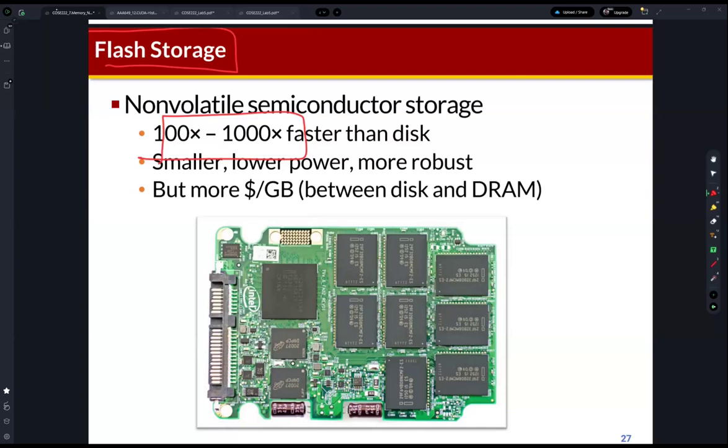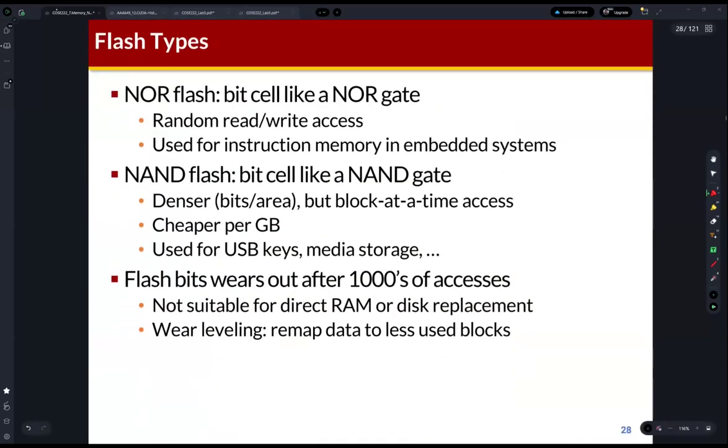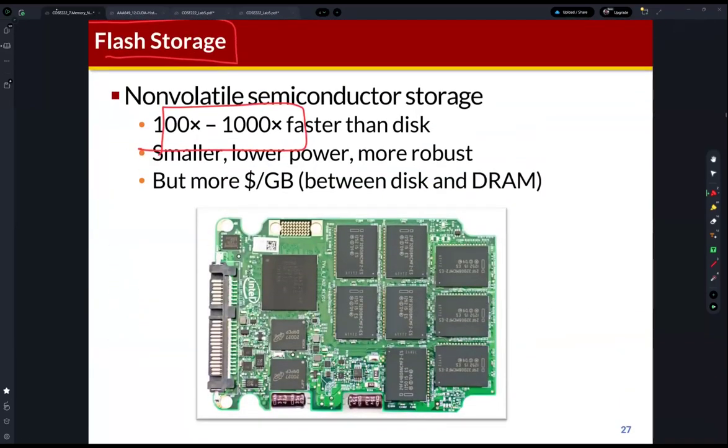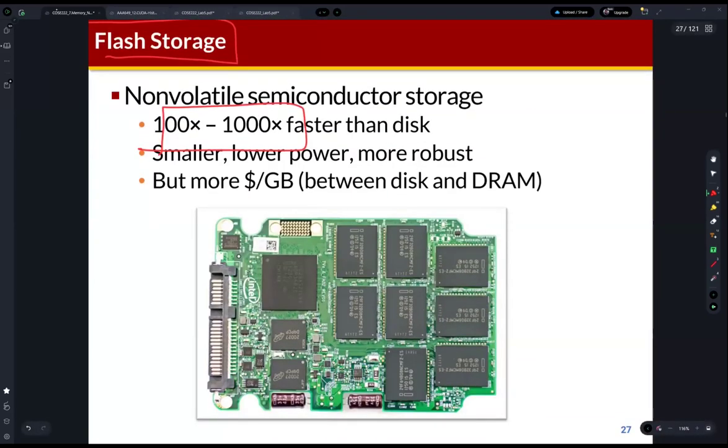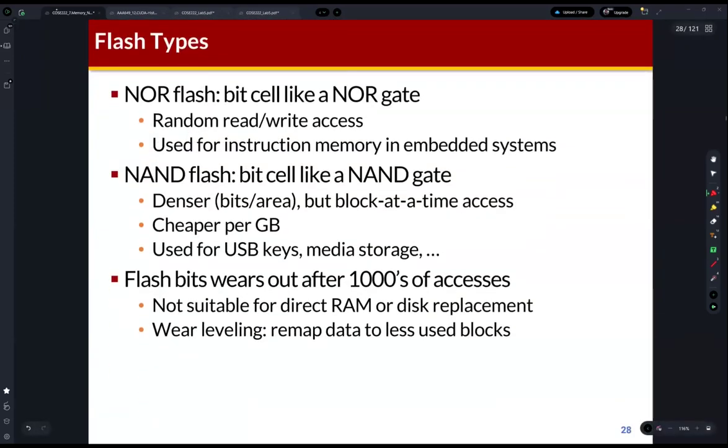But it's slower than RAM, around 1,000 times slower than RAM, but much faster than magnetic disk. That's why we use the flash memory as the storage media of SSD. But it's more expensive, obviously. It's more expensive than the HDD.